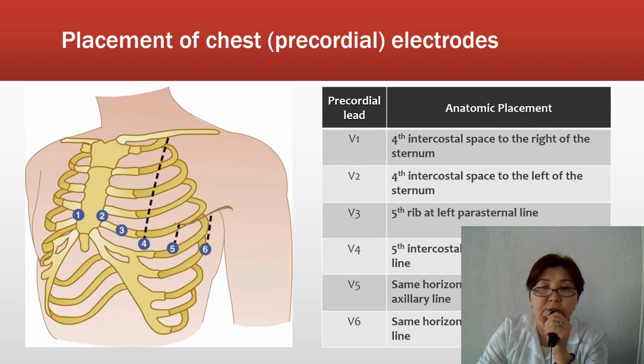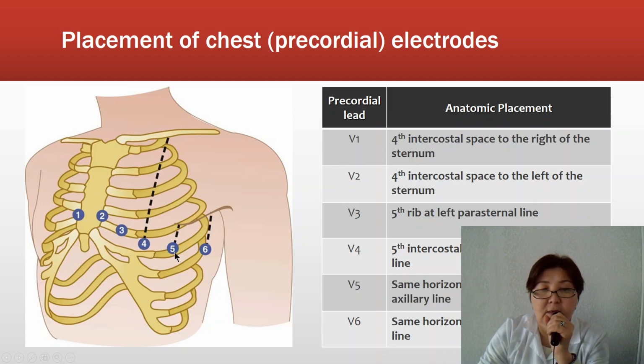V2 is placed on the 4th intercostal space to the left of the sternum. V3 is on the 5th rib at the left parasternal line, and V4 is at the 5th intercostal space at the midclavicular line.